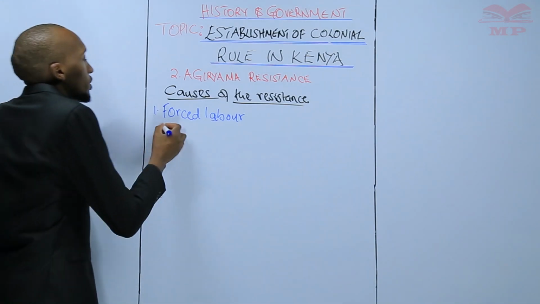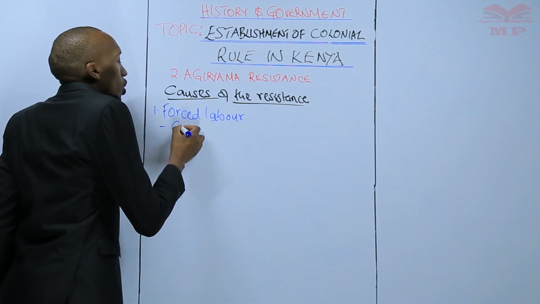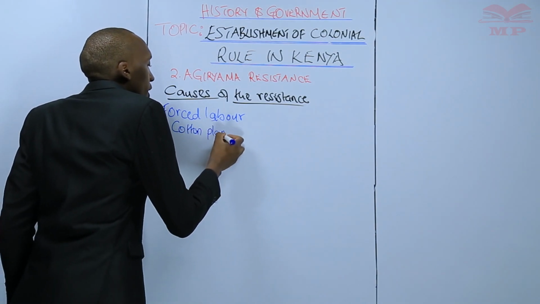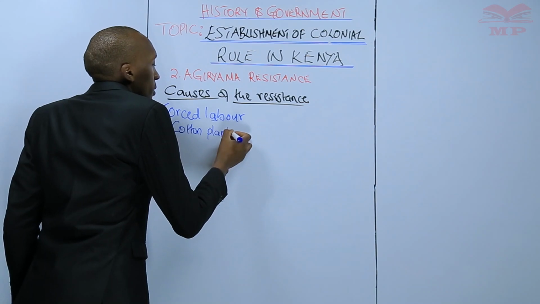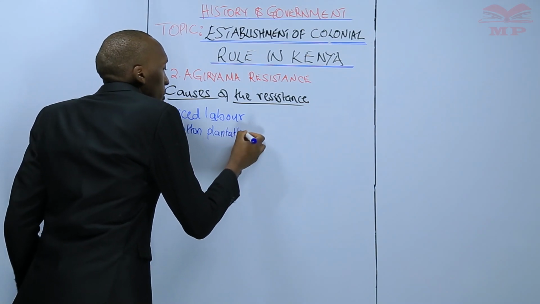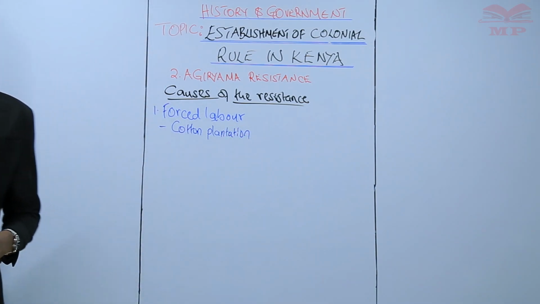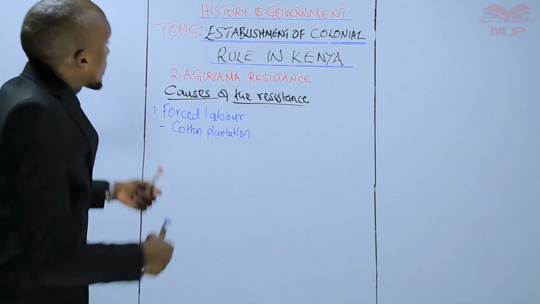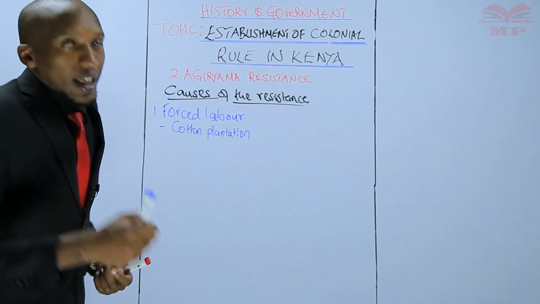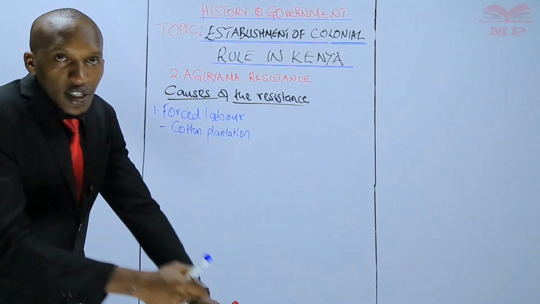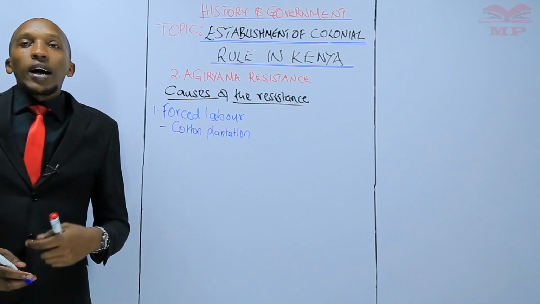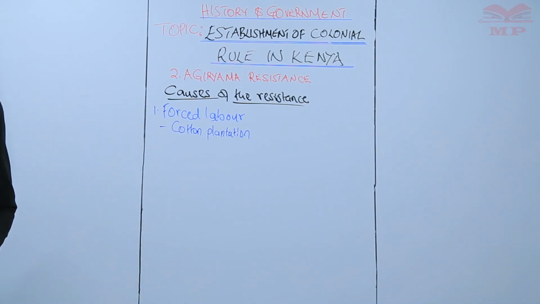So the British were forcing them to work in the cotton plantations that they had established at the coast, together with the rubber plantation. They were forcing the Agiryama to give their manual labor into these plantations, and the Agiryama refused to be part of that.